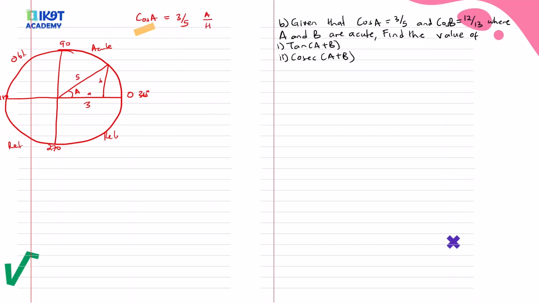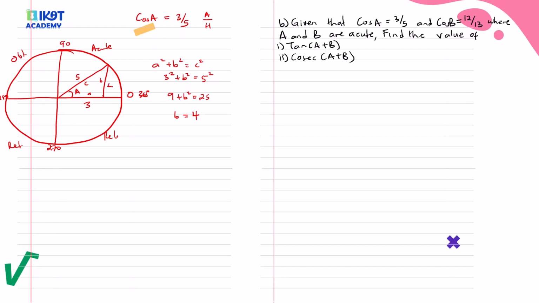Then we have A, B, and C. Then we have A squared plus B squared is equal to C squared, so this is 3 squared plus B squared is equal to 5 squared, so this is 9 plus B squared is equal to 25. So after solving that, what will our value be? Our value of B is 4.